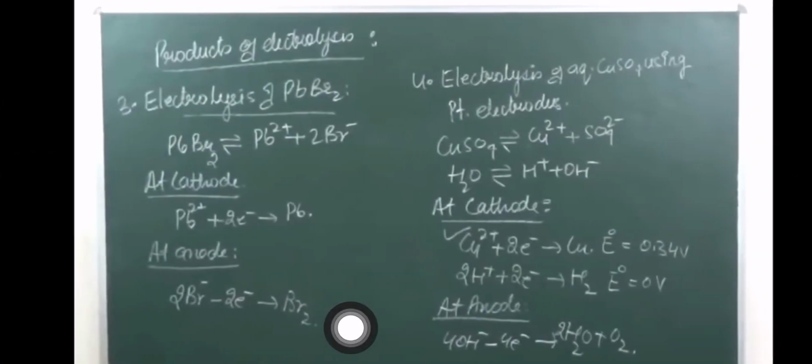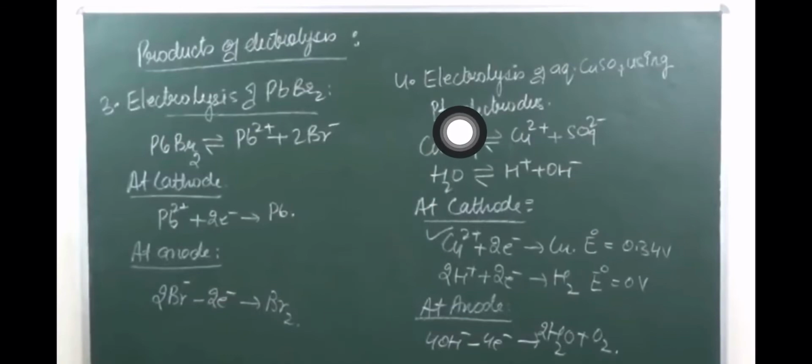Moving towards the next, electrolysis of aqueous CuSO4 using Pt electrode. Now read this question very carefully, that it is aqueous CuSO4 using Pt electrode. Now the Pt electrode, as we have already seen, is what? Non-reactive. Okay, Pt is non-reactive.